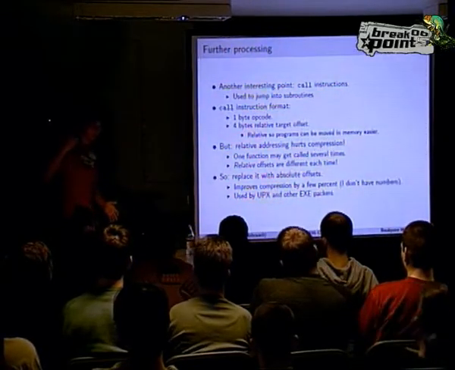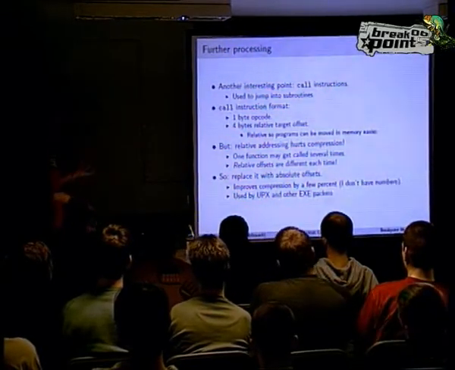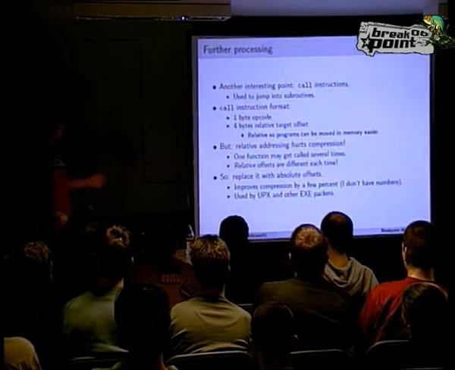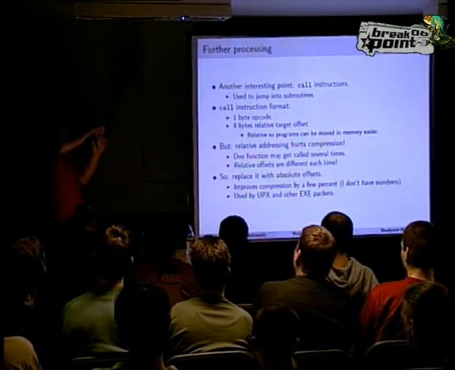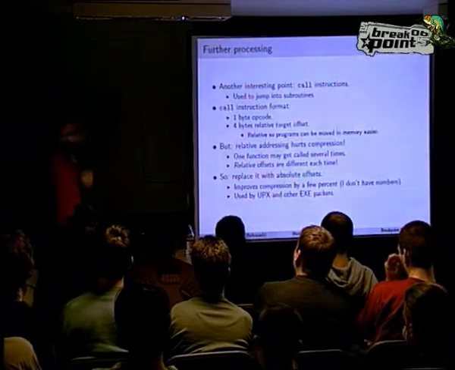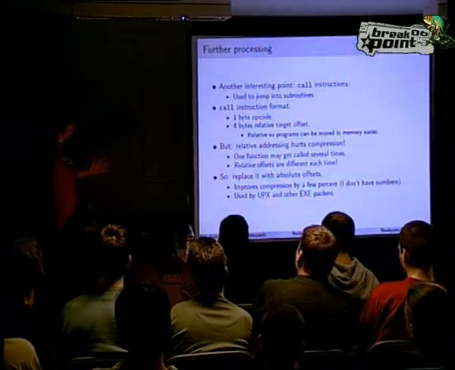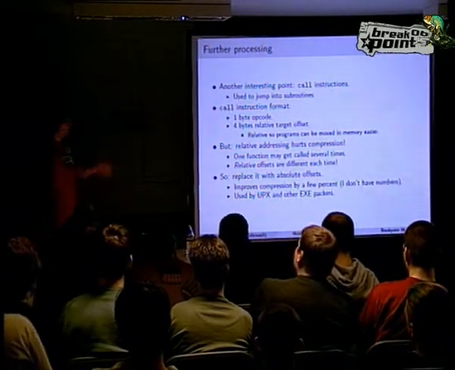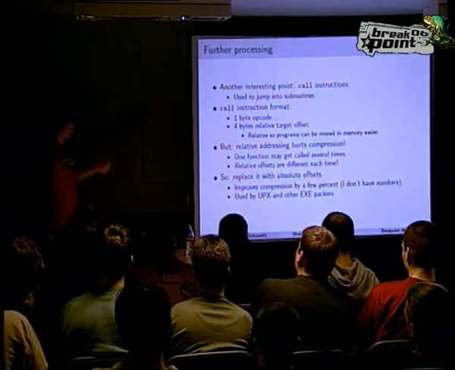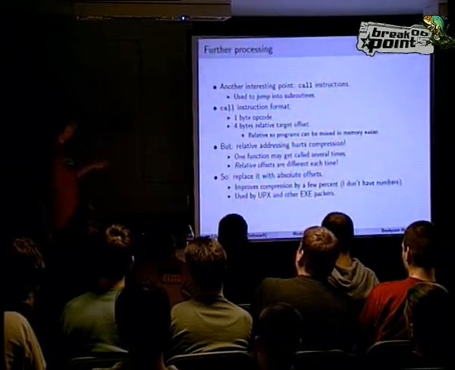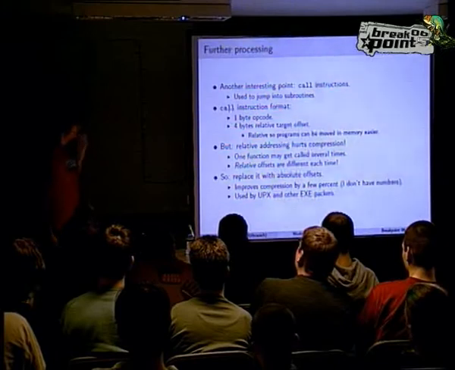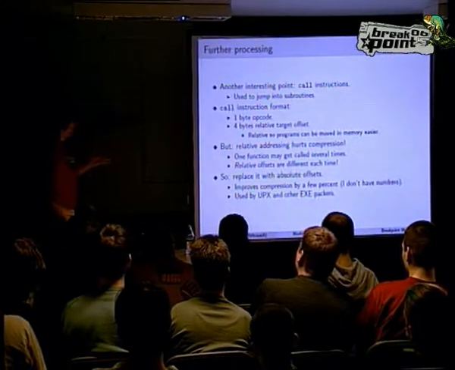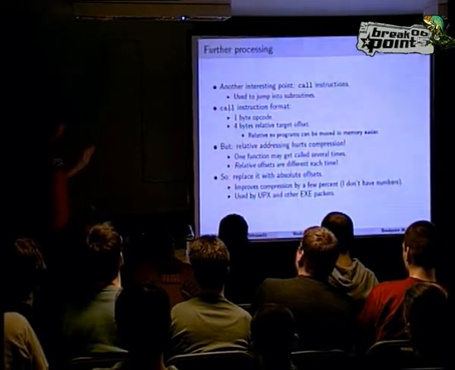But those that get called several times, you would expect to get some gains in that, because it's the same call opcode and the same address, and you have that several times, so you would expect some compression. But with a relative offset, the offset you see for this call instruction is different every time a function is called, because it changes every time. So relative offsets are different each time.